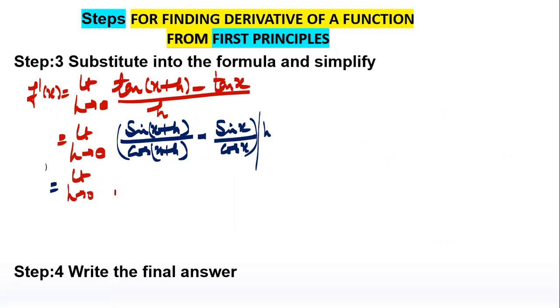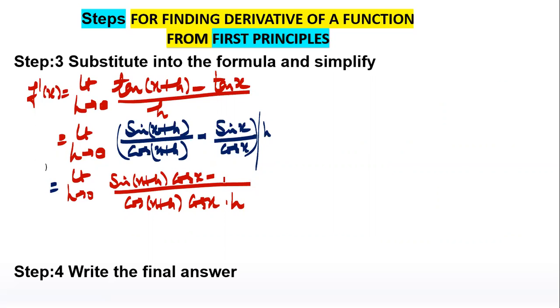What can we do? We can take the LCM: cos(x+h) into cos x, and this h would be here. On taking the LCM, you will get sin(x+h) cos x minus cos(x+h) sin x. And what is the formula for this?